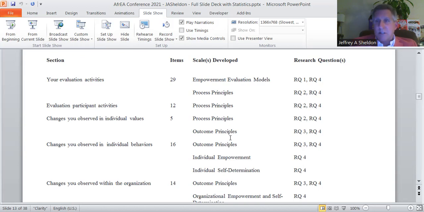But in order to do that, you had to develop scales, taking the survey items and developing certain scales that addressed each of those constructs and subconstructs.